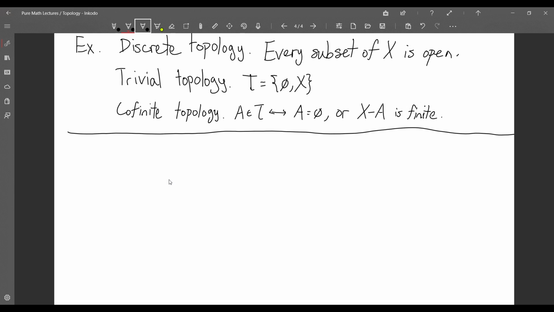The next thing we're going to talk about are some topological operations on sets.